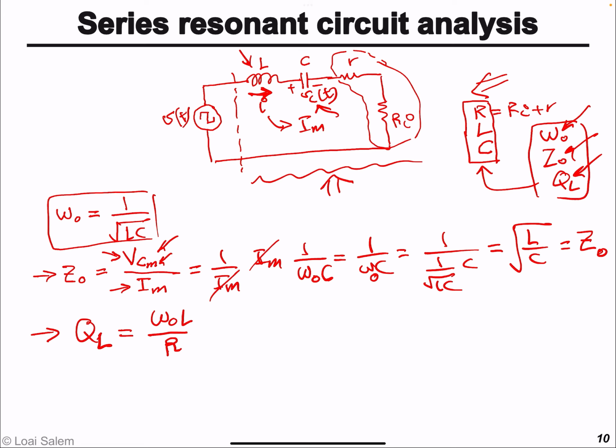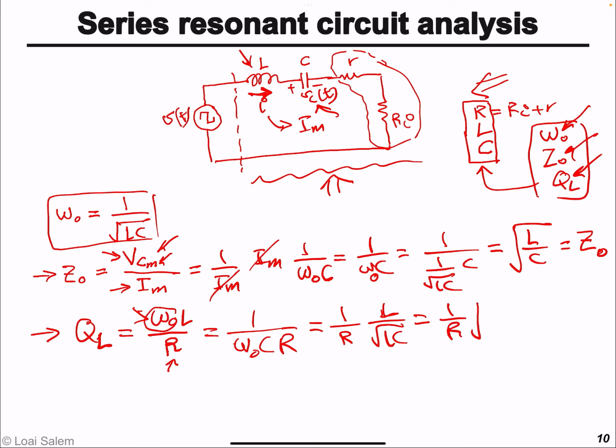That's also equal to, if we express it in terms of the capacitor, omega node C R. If we simplify this expression by replacing omega node with 1 over square root LC, we have 1 over R times square root of L over C. And we know that square root of L over C is Z node.